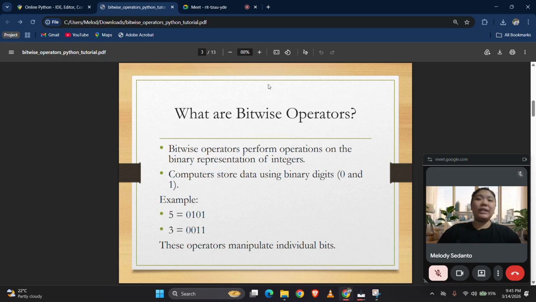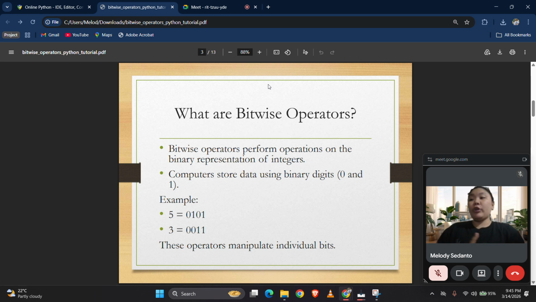So what are bitwise operators? They perform operations on the binary representation of integers. Computers store data using binary digits, which are 0 and 1. For example, 5 is equivalent to 0101, and 3 is equivalent to 0011. These operators manipulate individual bits.